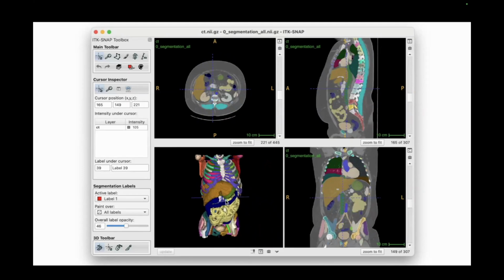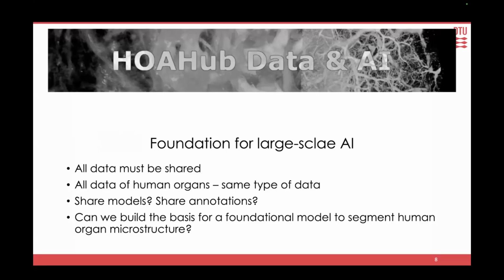So what can we learn, and how can we use the progress that has happened in the field of AI and segmentation? I think that with this Human Organ Atlas data, we are in a situation where we record data at a scale that has not been done before. We get entire organs at extreme resolution. It's a special kind of data with a hierarchical structure, where we have the overview scans and the zoom-in scans.